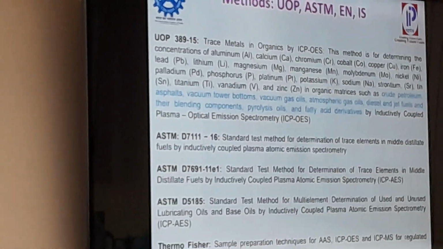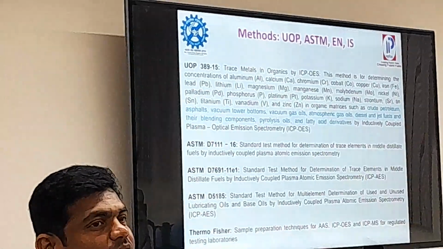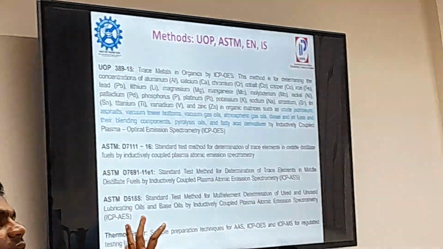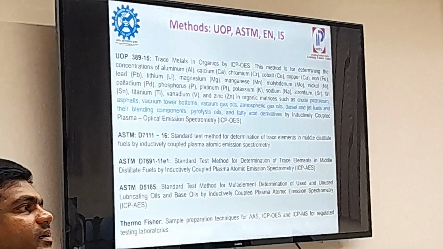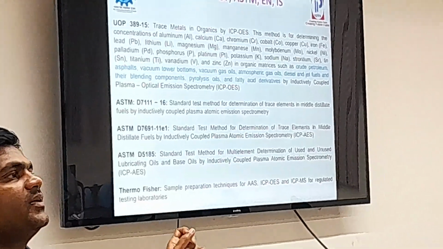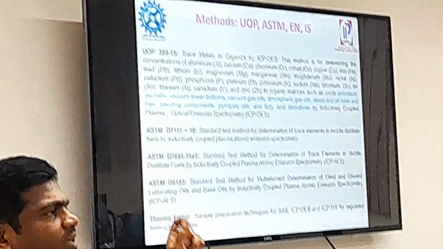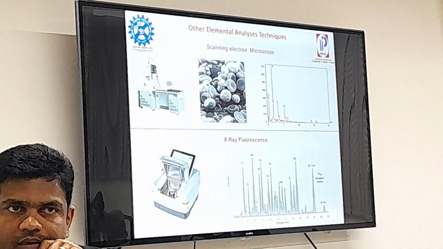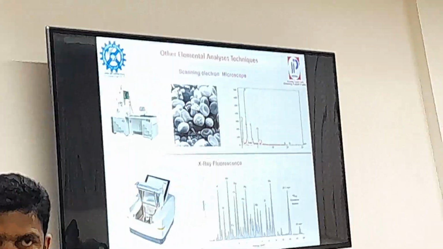See, most of these methods will tell you how to prepare a sample. Most of the time the method will tell you the sample preparation. The only difference is that in ICP OES they give the wavelength, but in AES we measure the energy emitted by the electron.